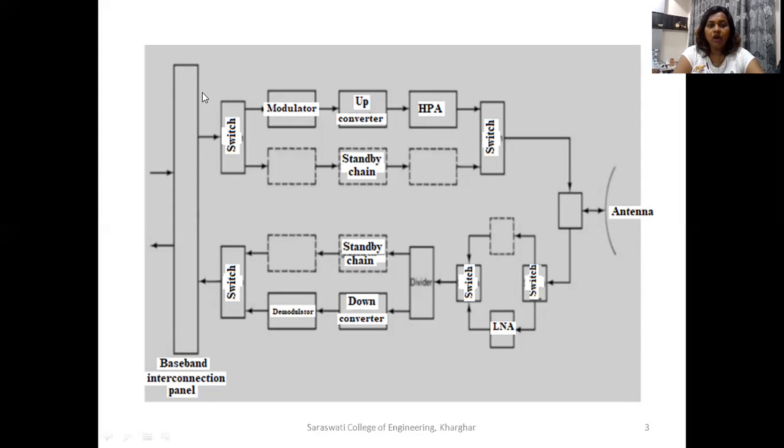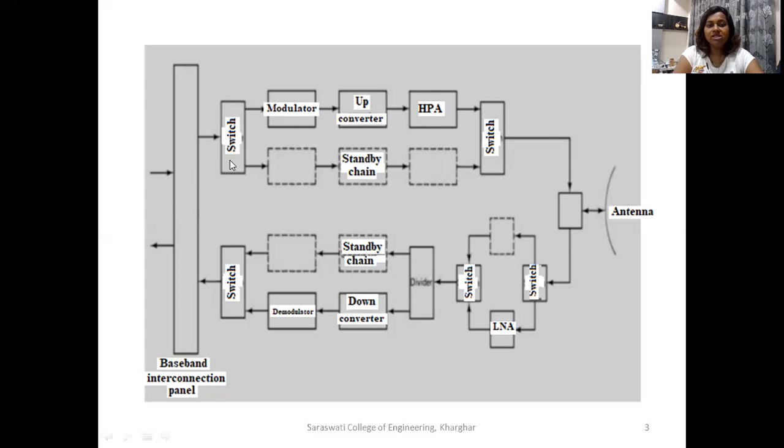A redundant or duplicate unit is automatically switched into a circuit to replace a corresponding unit that has failed. This one is the transmission link and this one is the reception link. These dashed line blocks are the redundant units, and you can see different switches here.